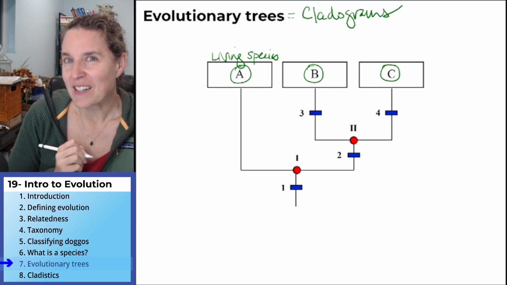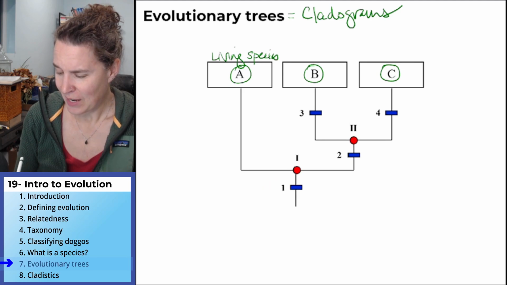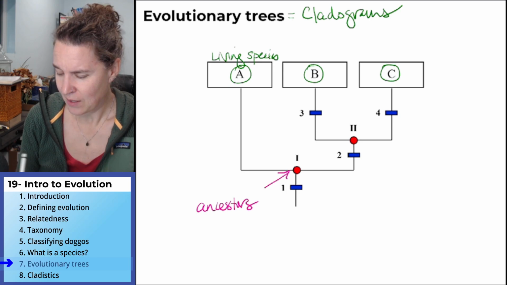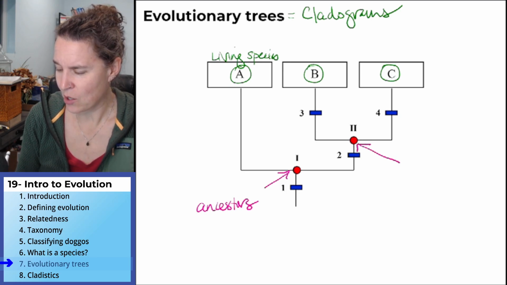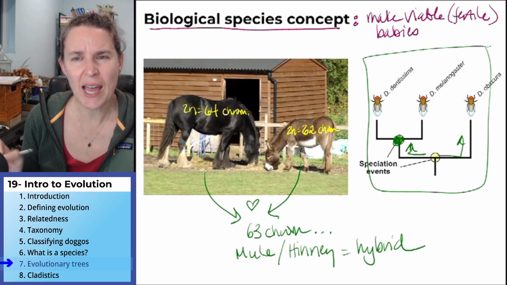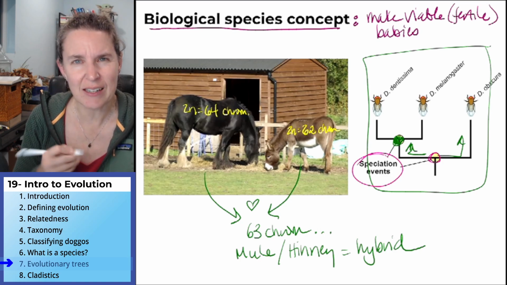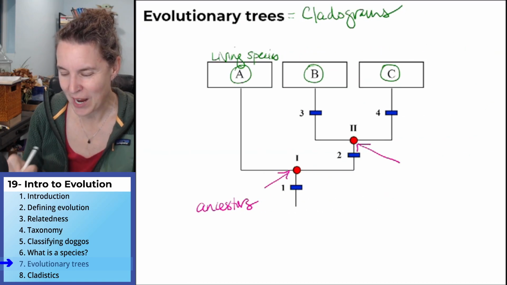On our tree, we have ancestors, and the ancestors are indicated by nodes. In that last tree, remember this one? Each of these nodes represented a speciation event. And that's kind of what happens. Like, look at this.